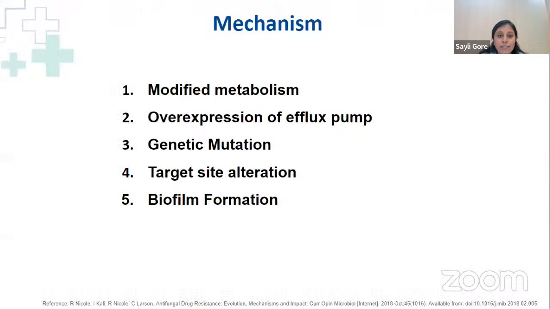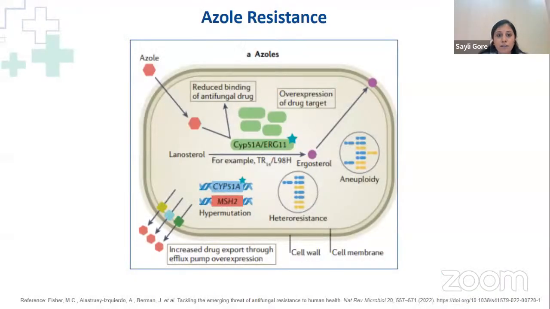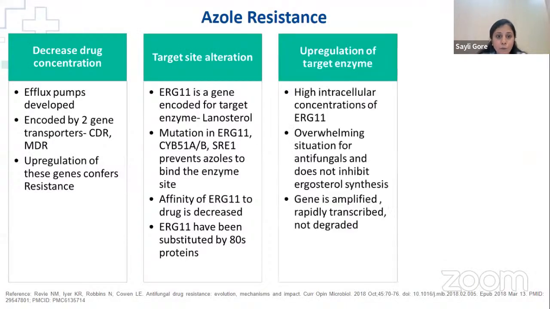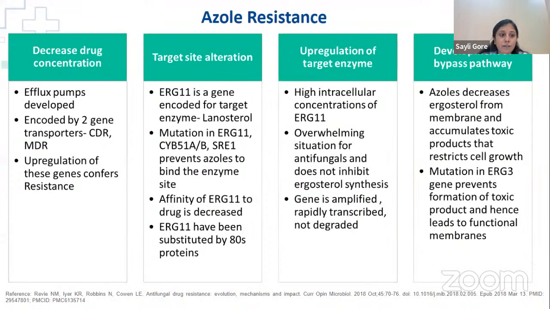Okay, so these are the basic mechanisms for the fungal infections: modified metabolism, overexpression of efflux pump, genetic mutation, target site alteration, and biofilm formation. So azoles have developed four mechanisms, usually affecting the efflux pump, and there is the ERG11 gene that is overexpressed, and the ERG3 gene is also mutated.